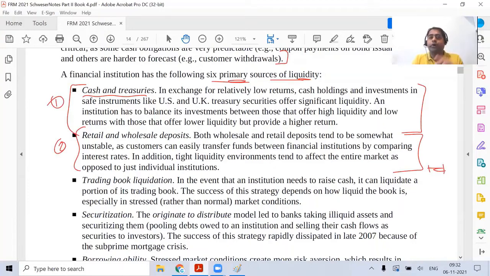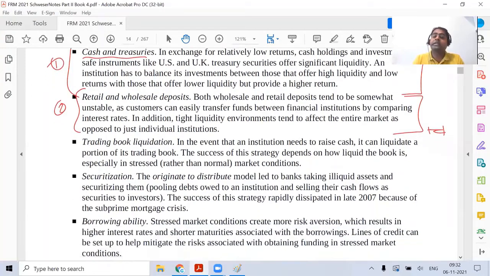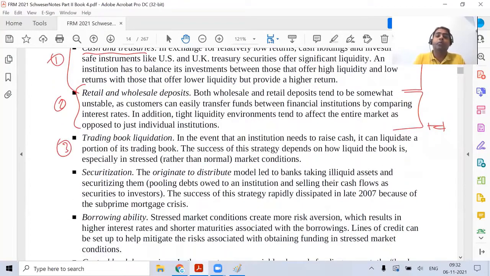Now these 2 points are the primary sources of money that a bank has. The third point that we are looking at is trading book liquidation. That means whatever positions I have taken in the market, I might have bought shares, I might have bought bonds, I will liquidate them to meet the cash requirement. Generally this liquidation is done if the first two primary sources are not available, or else it is not possible for you to borrow from the market.